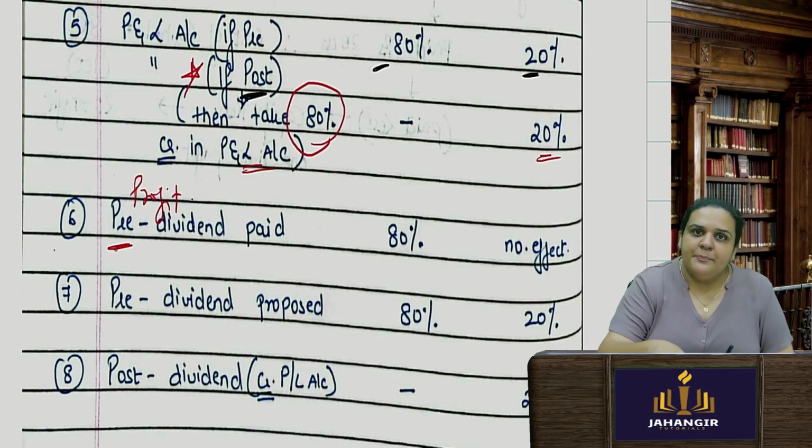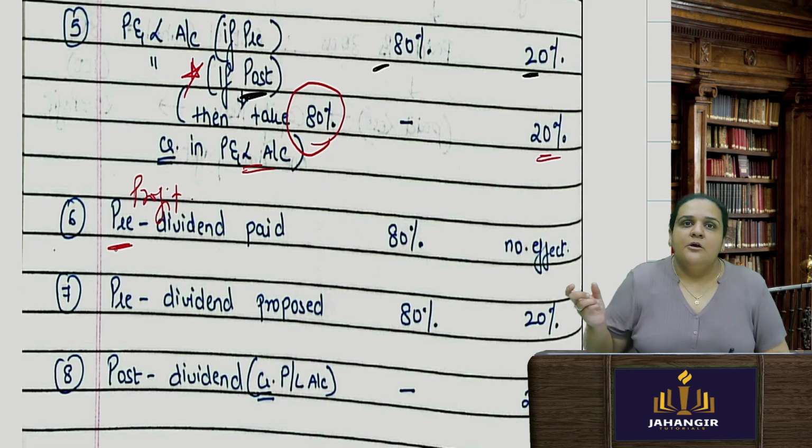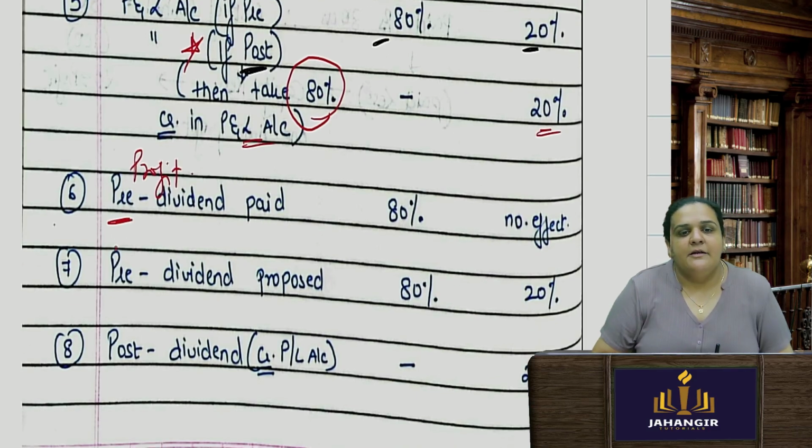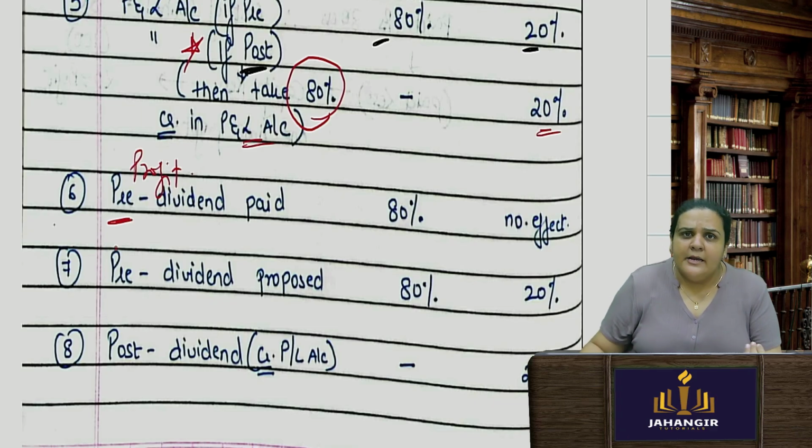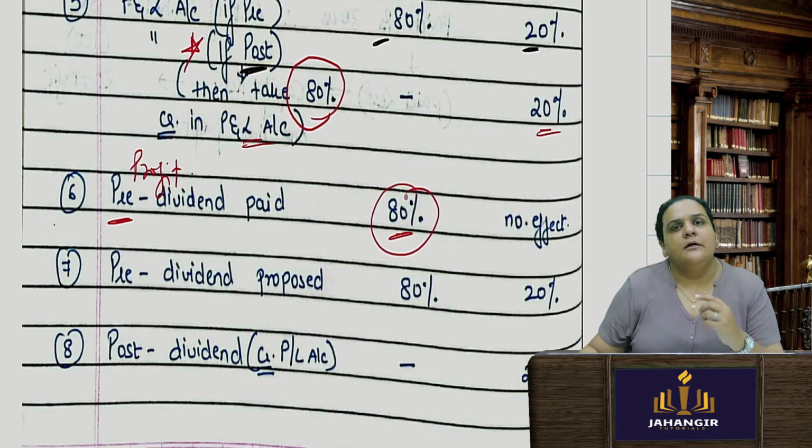If profit is pre, from where dividend is paid, I will treat it as pre-dividend. If profit is post, from where the dividend is paid, I will treat it as a post-dividend. So if it is a pre-dividend and it has already been paid from the pre-profit, the 80% share of the holding company we will take in the cost of control calculation.